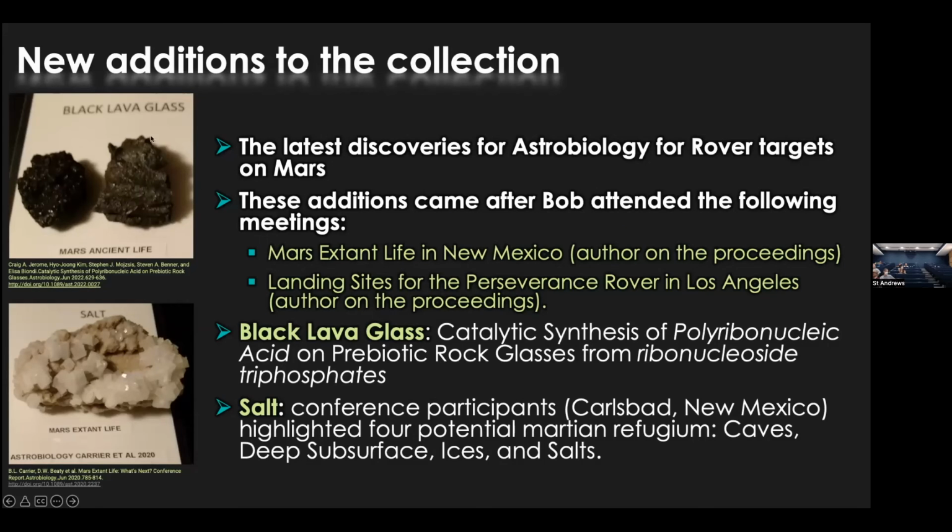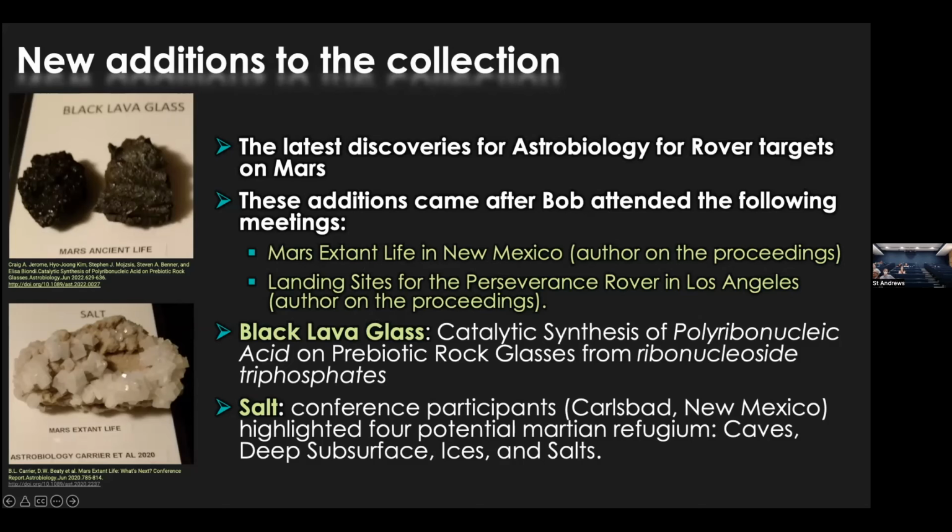And at the end, you have two new additions to this collection. One of them is black lava glass. This one you can see there. These are the latest discoveries for astrobiology, rover targets on Mars. These additions came after Bob attended the following meetings. From there, he took the idea and started searching for these samples. You can see them here.